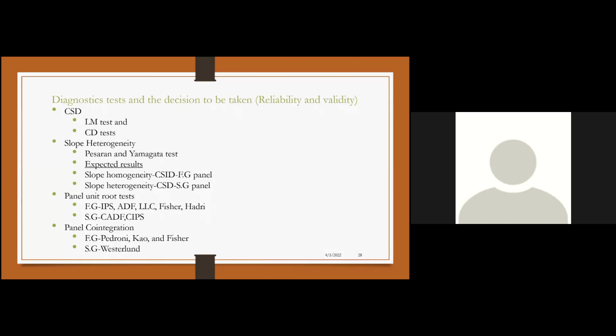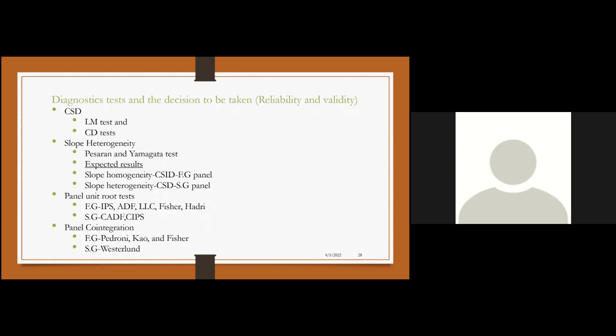The expected result is that if we find there is slope homogeneity, we will consider that we have cross-sectional independence, and that is a first generation panel. When we find the slope is heterogeneous, then we will be able to say there is cross-sectional dependency, meaning that the countries have common unobserved factors, and that falls under the second generation panel.